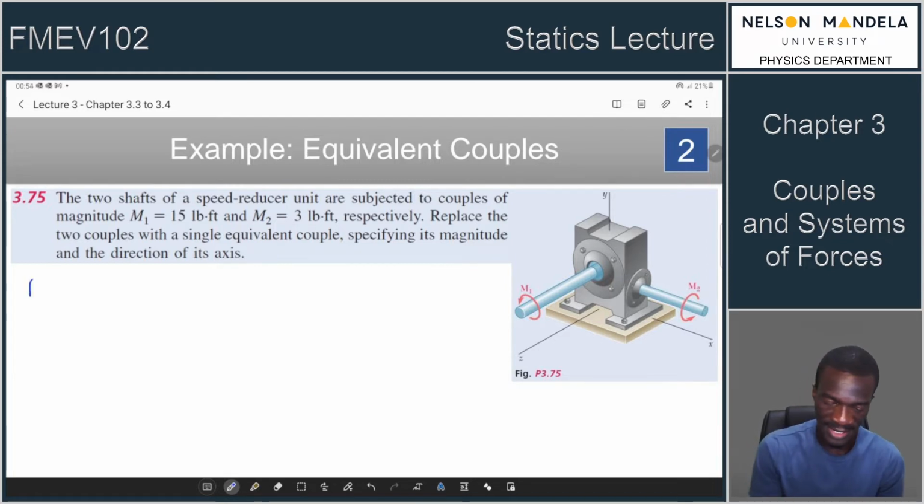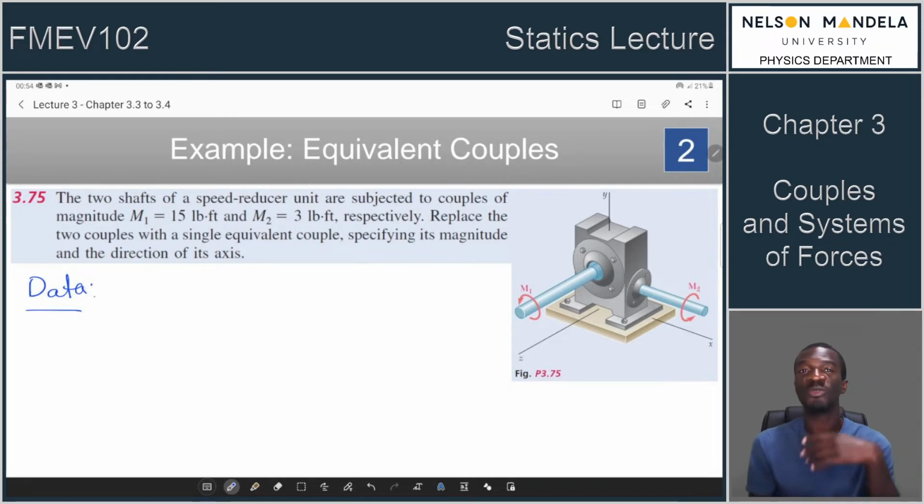So what is the data that we are supplied with? If you were to draw these couples, if you were to draw the directions of these moments, you can actually see that they are already conveniently located to these axes. So if we were to draw a free body diagram, we would just have some vector, and we would have some vector.